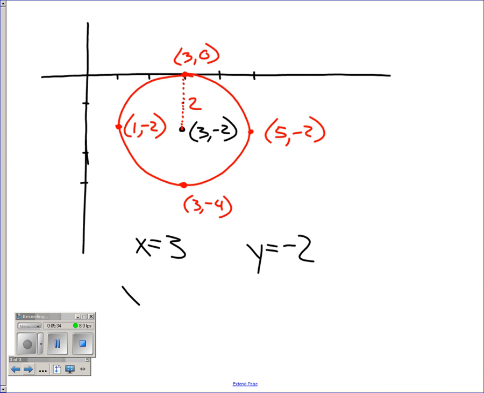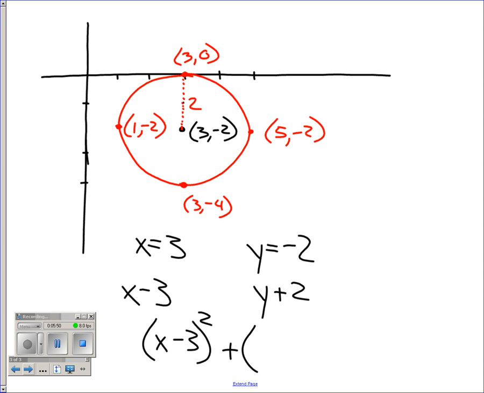So this is going to be x minus 3, and this will be y plus 2. This is what we'll use now, and we'll take the x minus 3, square it, plus the y plus 2, square it, and now then our radius, which is the 2 right here, we'll take that and square it and write that as a 4.